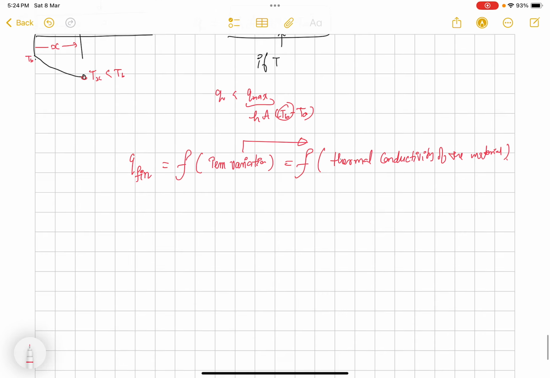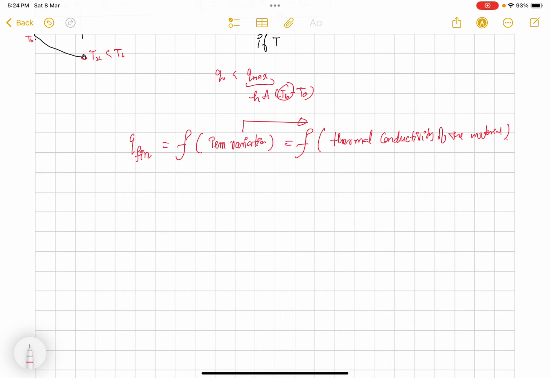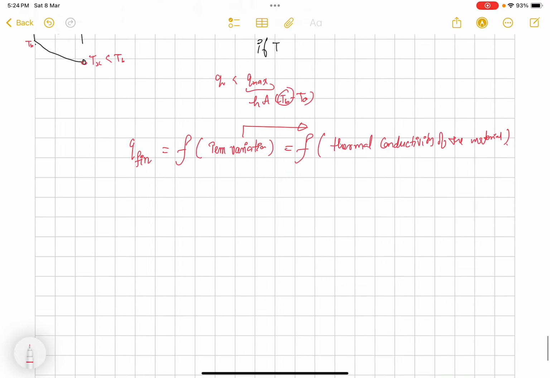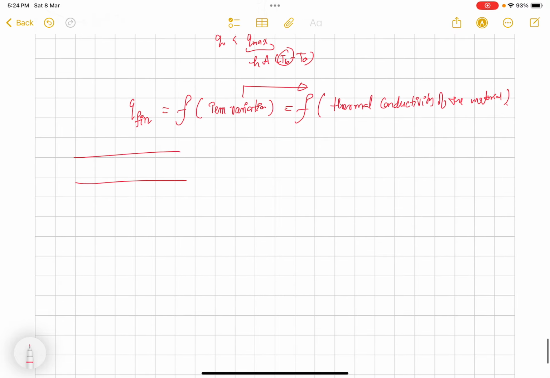If the thermal conductivity is very, very high, then the two locations will assume almost the same temperature very quickly, and there will not be a significant temperature drop along the length, right?